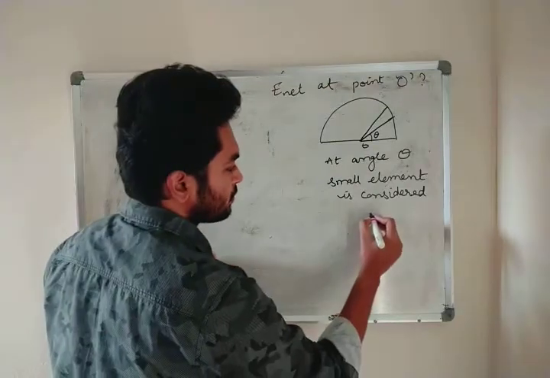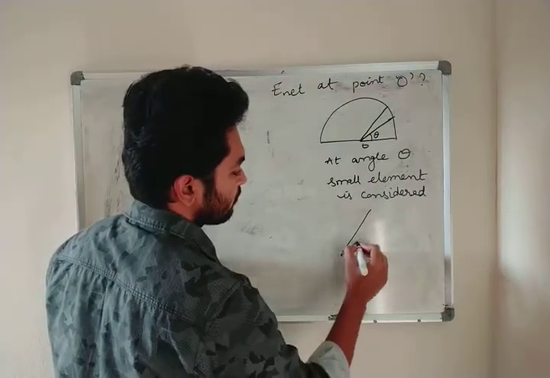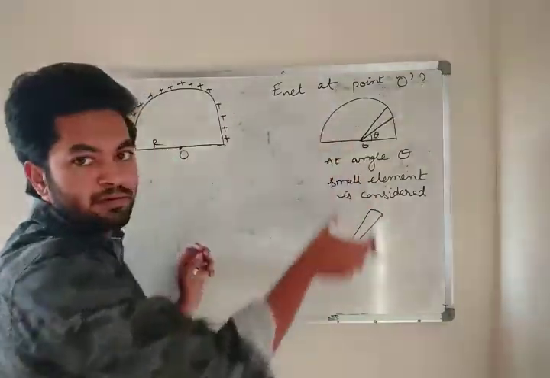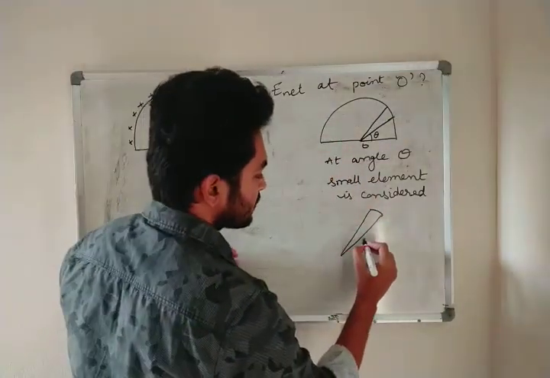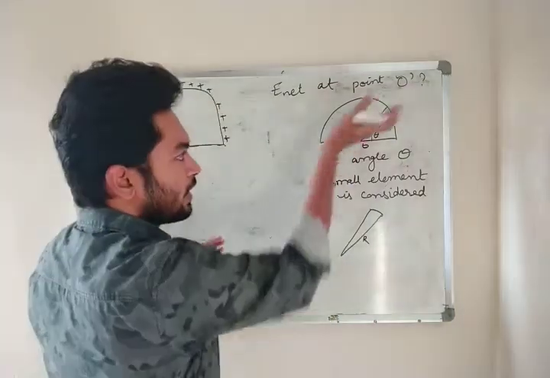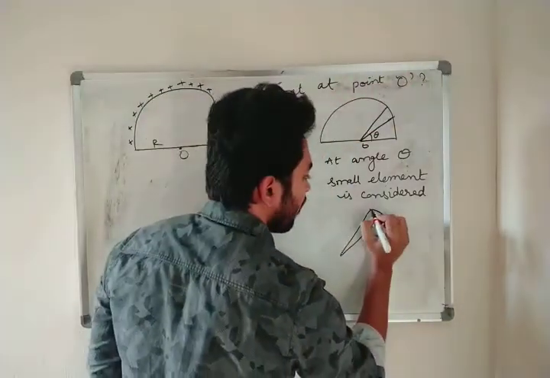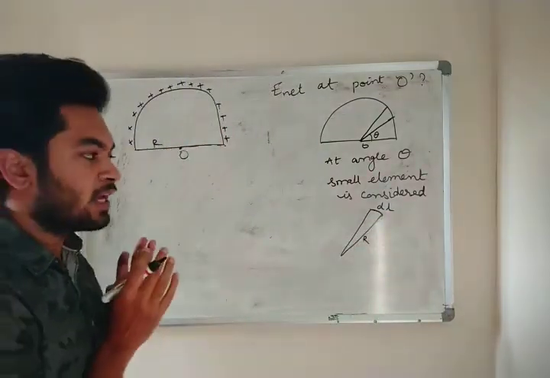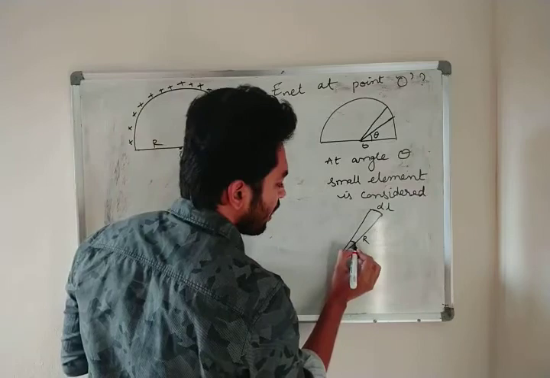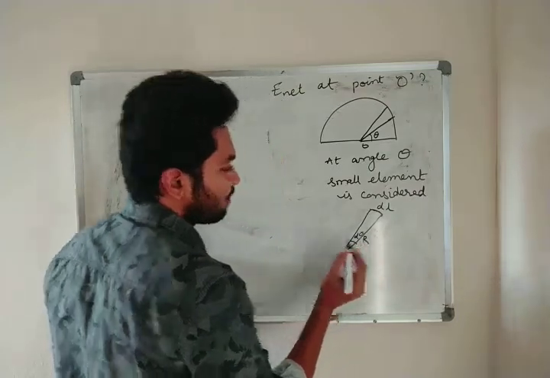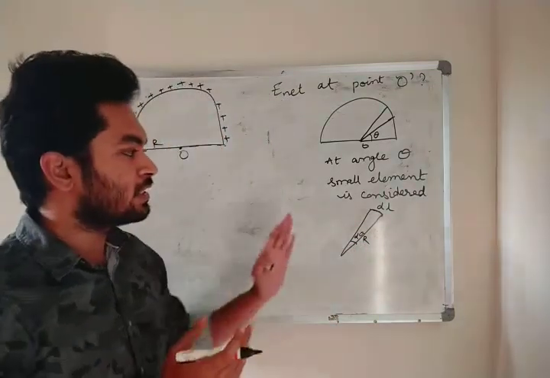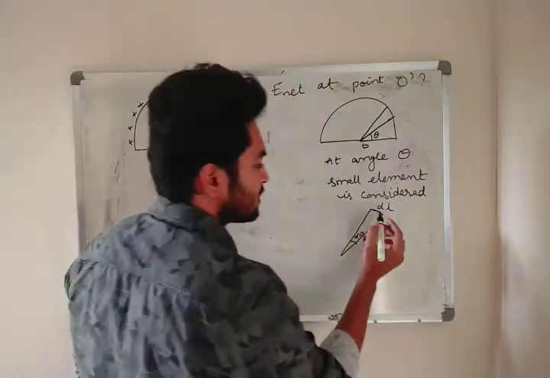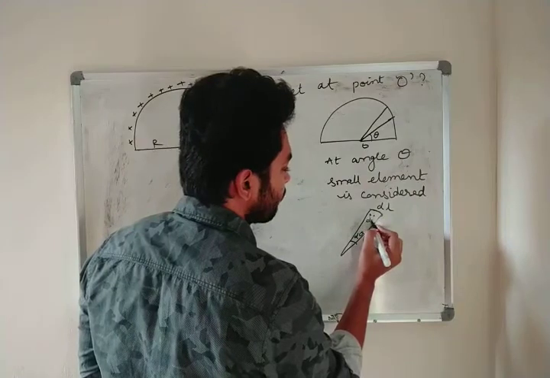Now suppose this is your small element which we have taken. This is r, the radius is r, and this small length is called dl. The small angle becomes d theta, the small length is dl, and this is our radius r, and the charge present inside is dq.